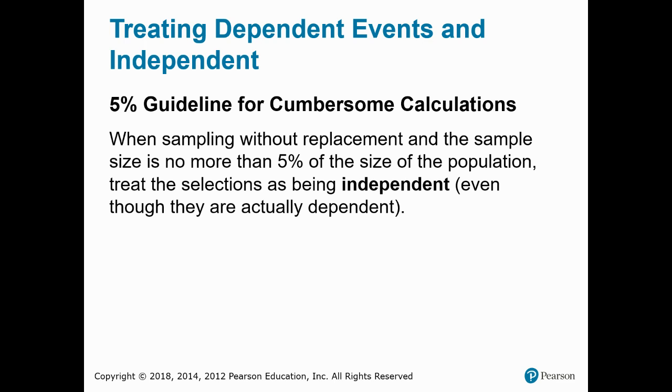that's 5%. When sampling without replacement, if the sample size is no more than 5% of the size of the population, we're going to treat that as independent, even though they're actually dependent, because the sample size is so small.